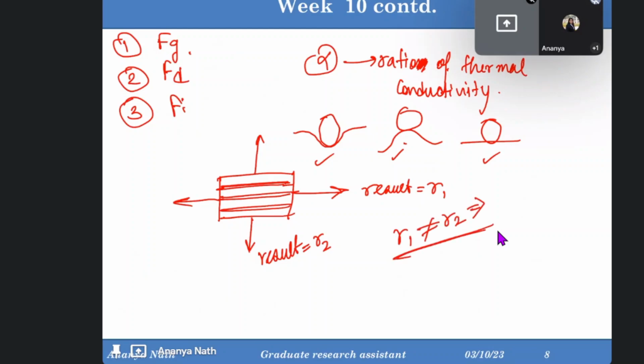This is what is meant by anisotropy, which is not desired, but sometimes the processing technique dictates whether the property is anisotropic or isotropic.